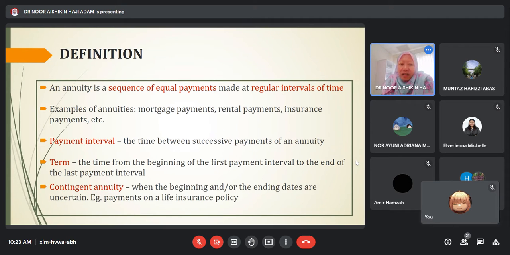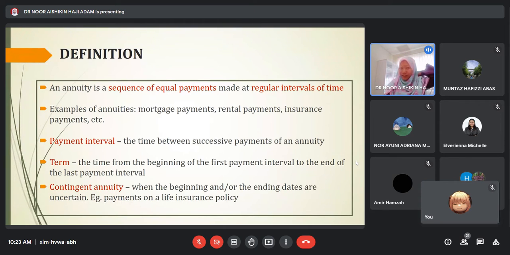Okay. All right. There are several types of annuity. The first one is contingent annuity. This is when the beginning and or the ending dates are uncertain. Example, payments on a life insurance policy. Life insurance, you tak tahu bila you akan meninggal kan.